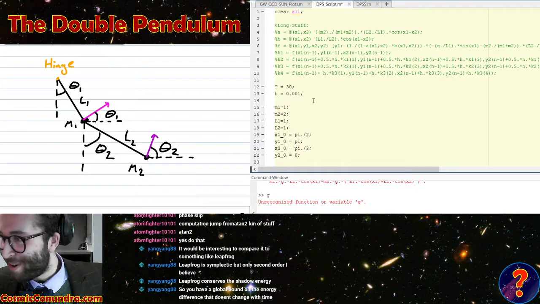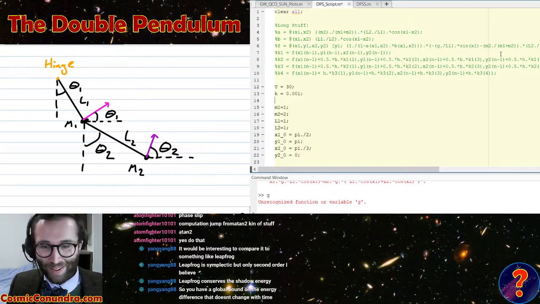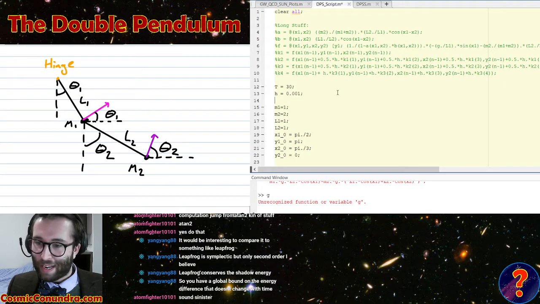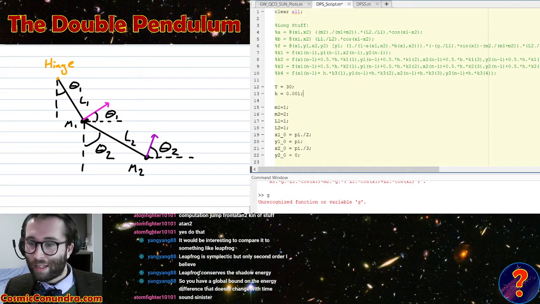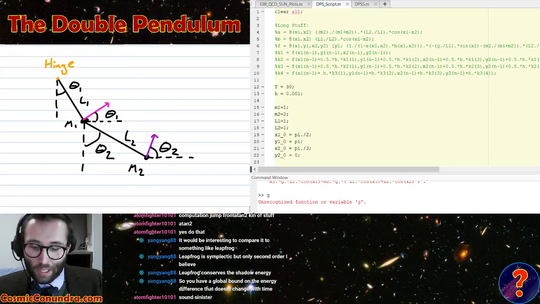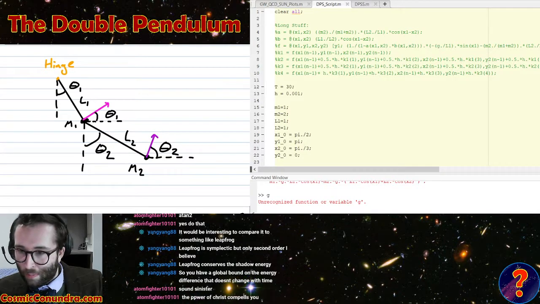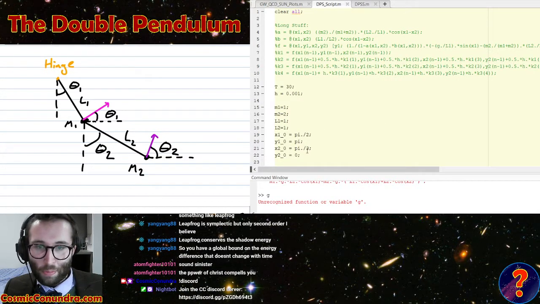I said at the start I'm not a numerics person, and I stand by that. It would be interesting to compare. Certainly, if you want to have a go on it, please do. Like Atom Fighter asked, I'll put the code in my Discord after somehow, and then anyone can have a play with it if they want to. Shadow energy. It does sound quite sinister.